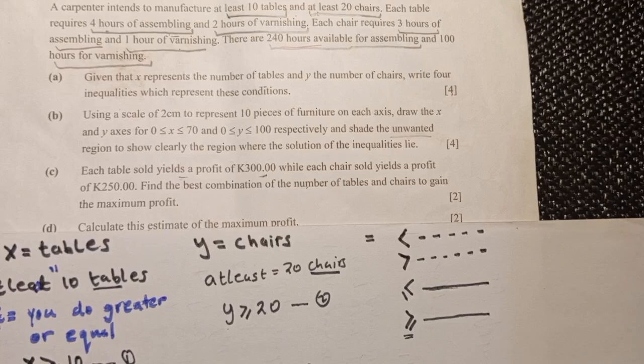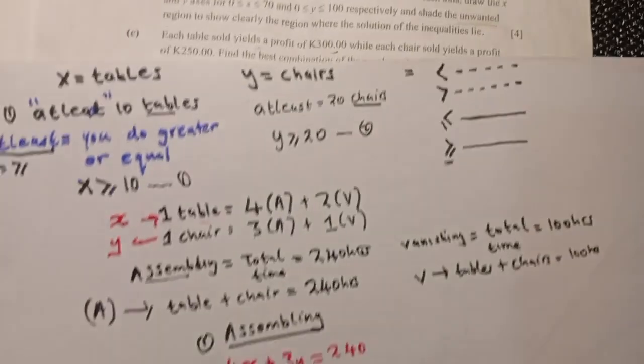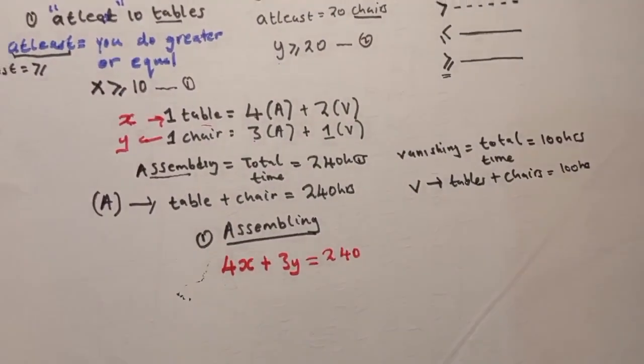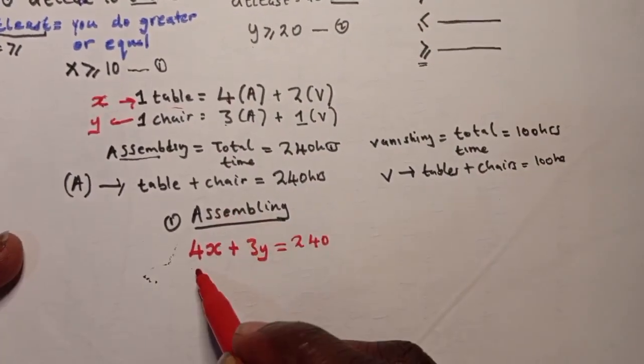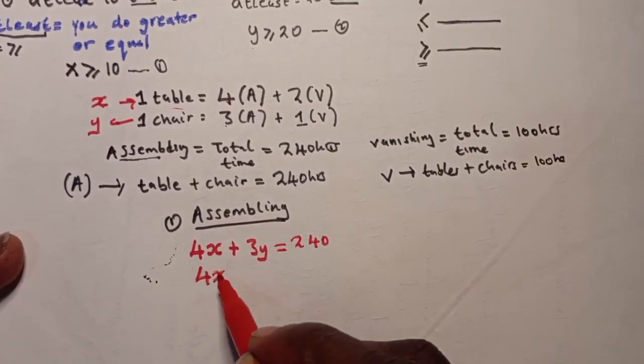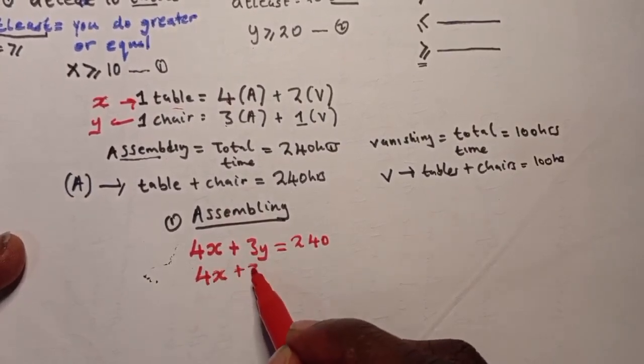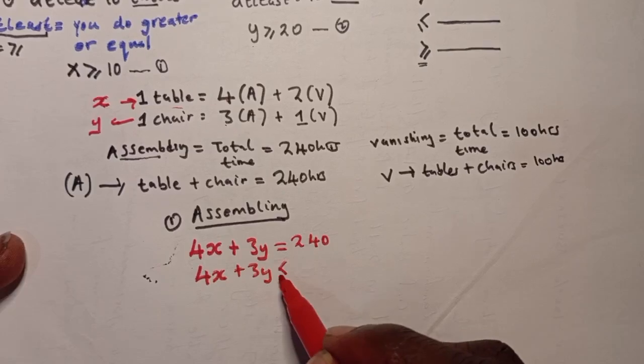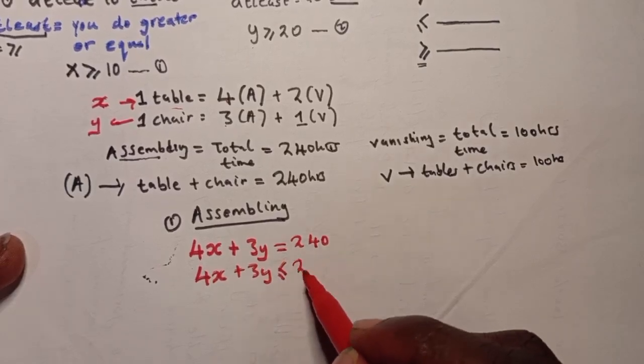You must do all the assembling in 240 hours, meaning you can either finish early or finish exactly at 240 hours. And what does that mean? Less than or equal to. So this is going to be 4x plus 3y is less than or equal to 240.